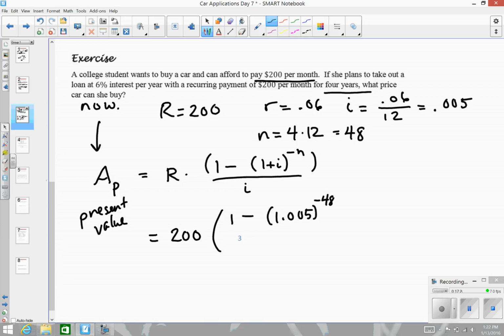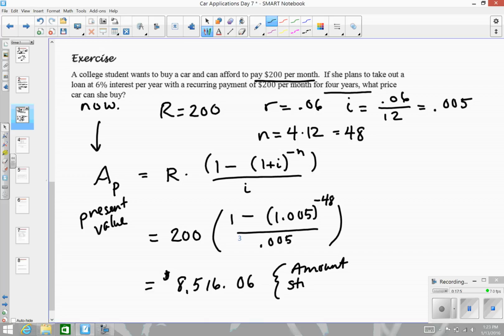And I'm going to divide all of that by 0.005. If you put all of that in your calculators, you should get an amount of $8,516.06. And this is how much this student can afford in a car right now. So this is the amount the student can spend on a car now.